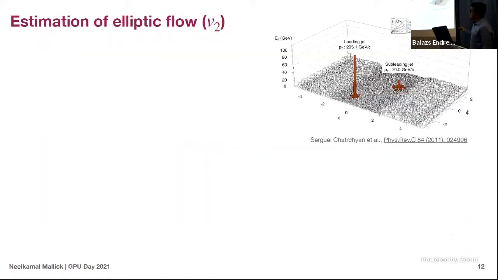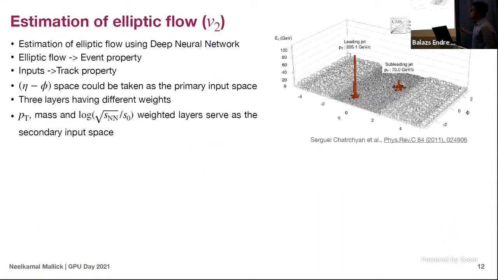Now we use this deep neural network to estimate the elliptic flow. If you look into this picture, this is the eta-phi space for the lead-lead collision at 2.76 TeV. Here you can see that there is a jet event, and one jet is coming here, giving more energy.